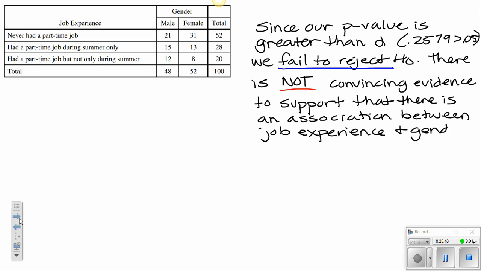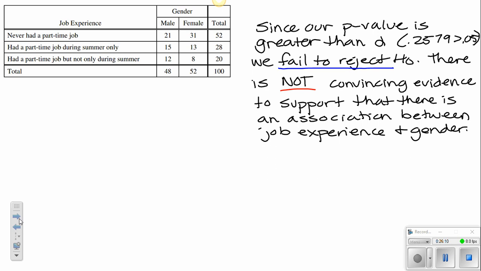So basically what we were able to conclude is that there is not a relationship between being a male and having a part-time job, or being a female and not having one. I know we suggested that from our graph, but there's not statistically significant evidence of that. It just appears to be that way, which is why statistics is cool, because it delves past certain types of graphs and really asks, do we have enough evidence? And here we don't have enough evidence to conclude that.